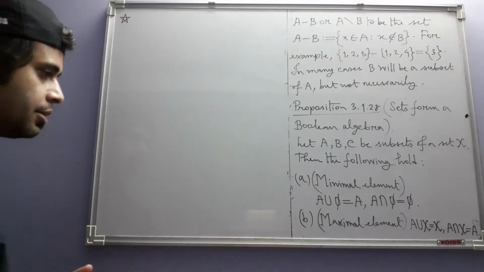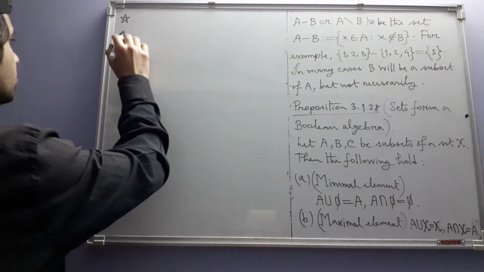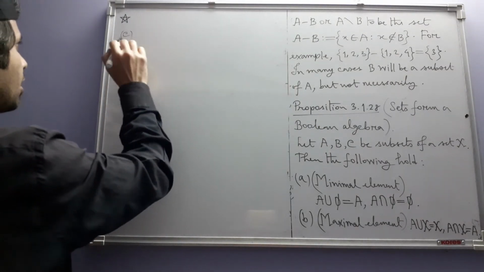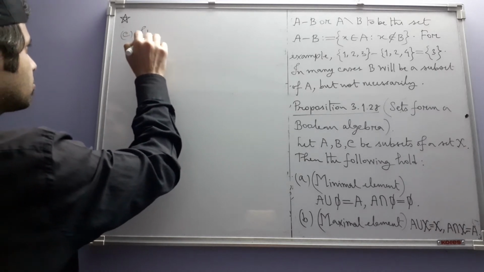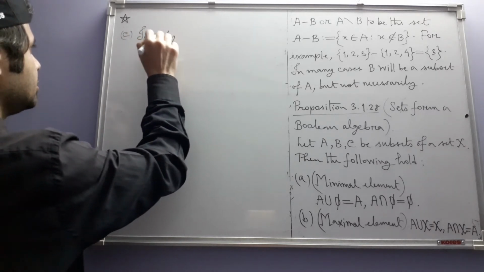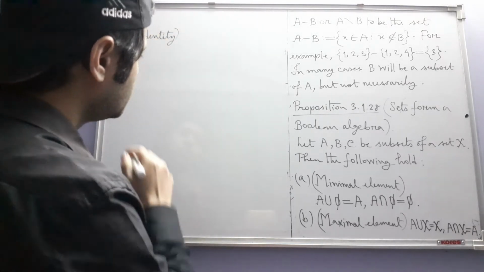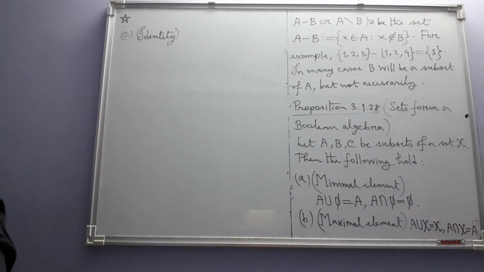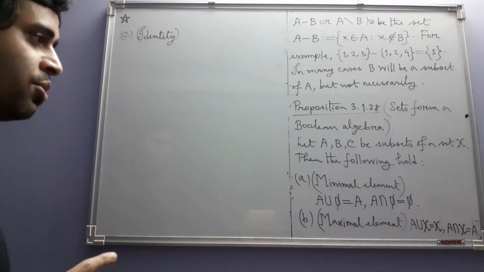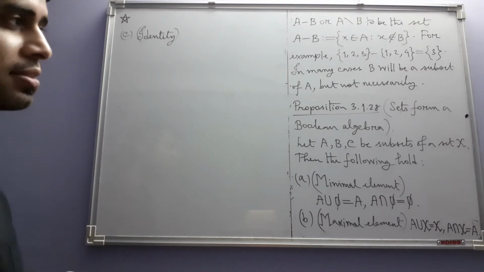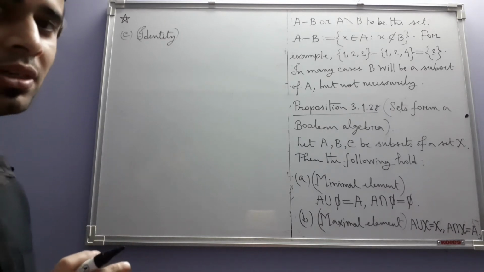Maximal element, then identity. Identity, or we can also say idempotence. I don't really know whether Tao made a mistake here by calling it identity. Note that although Tao's notes are very nice, there are lots of mistakes.